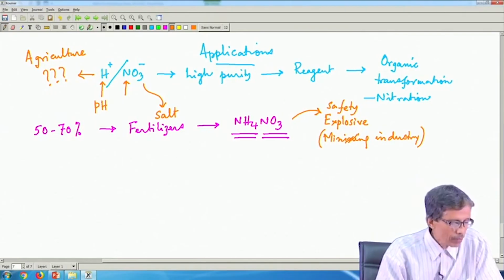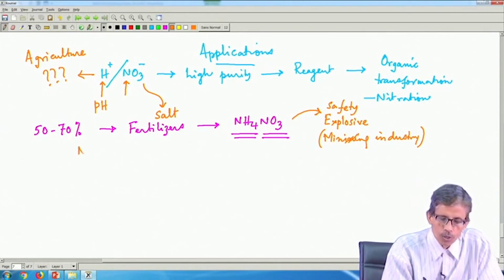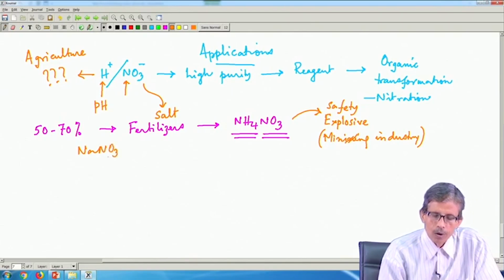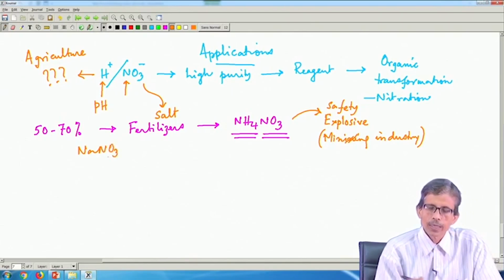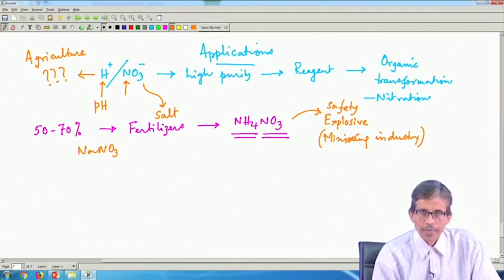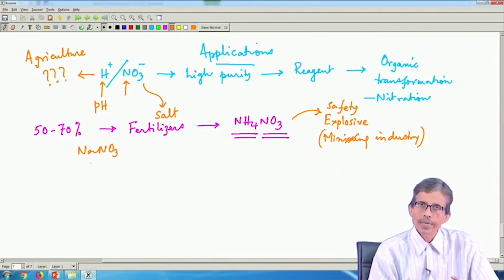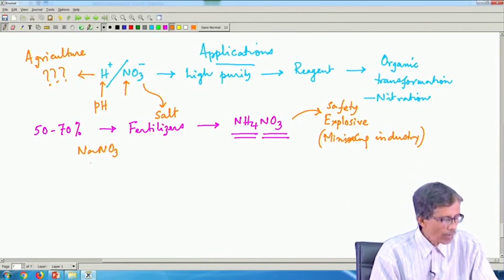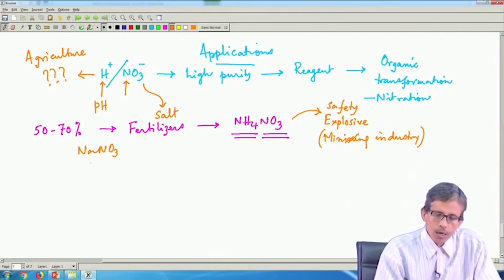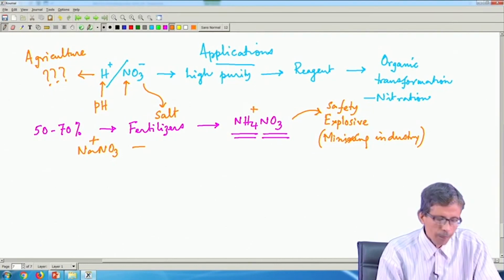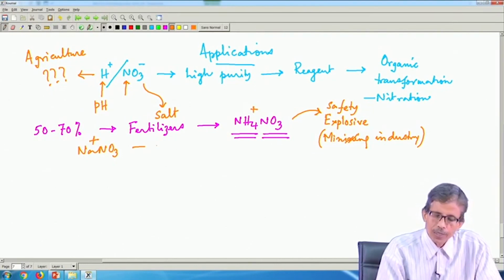This ammonium nitrate can also give rise to the production of a similar salt, that is sodium nitrate, when nitric acid reacts with sodium bicarbonate, sodium carbonate, or a very dilute solution of sodium hydroxide. Where the soil needs the corresponding sodium ion along with the ammonium ion, it is a specialty fertilizer.